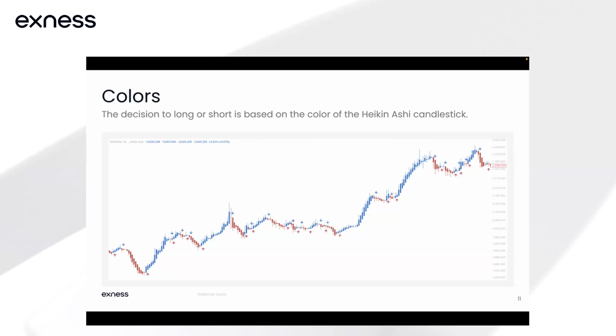Instead of reacting to every price twitch, you are following a broader momentum confirmed by consistent candle color. And here's the rule. When you see a sequence of blue candles with little to no lower wick, you are in a strong uptrend. Conversely, a string of red candles without upper wicks usually signals a strong downtrend.